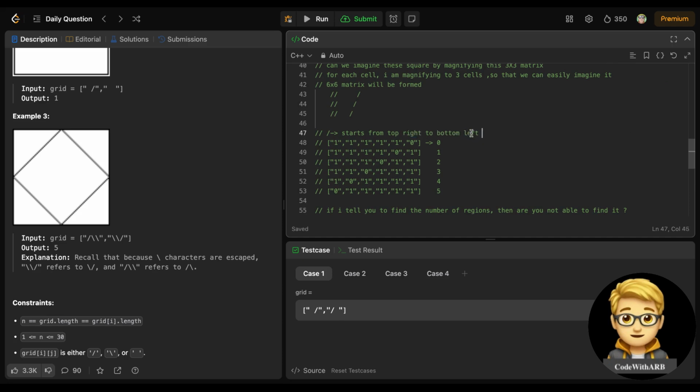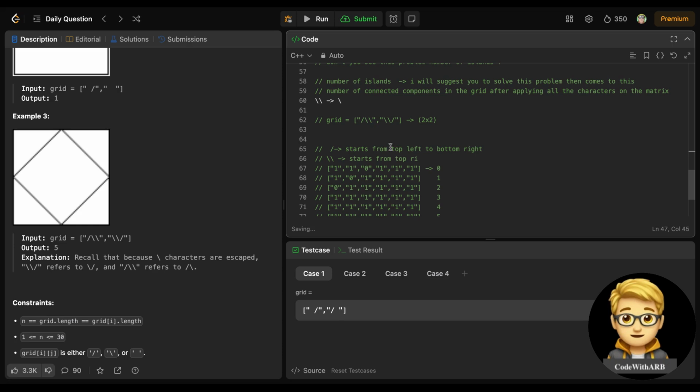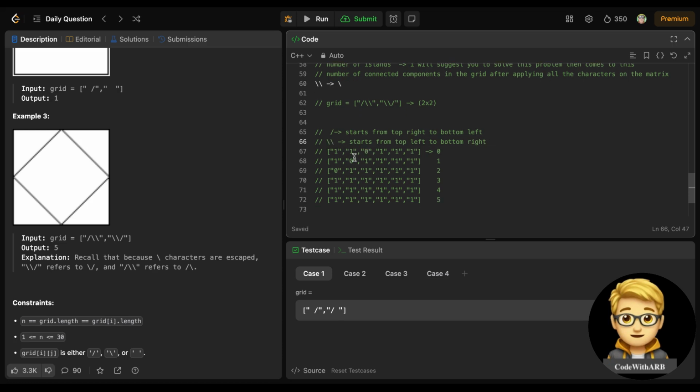You understand, right? So it will start from top right. After this, in this three part, it will start from top left to top right. So I will mark this as 0, right?